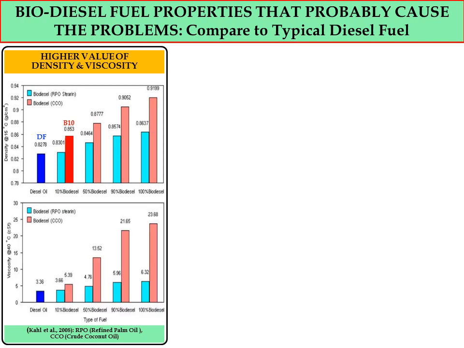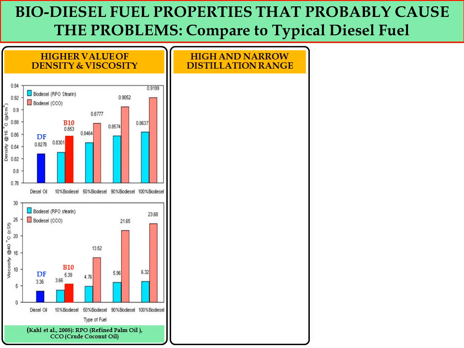Similarly with the viscosity. We have the viscosity for diesel fuel and the viscosity for B10. The viscosity for B10 is higher than the viscosity of diesel fuel. So this is one of the reasons for the problem that we face when we use biodiesel fuel.